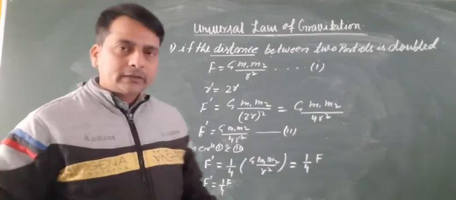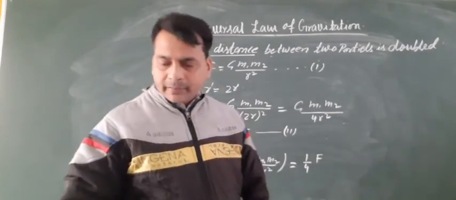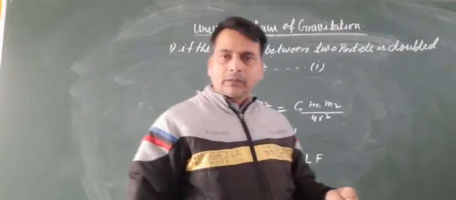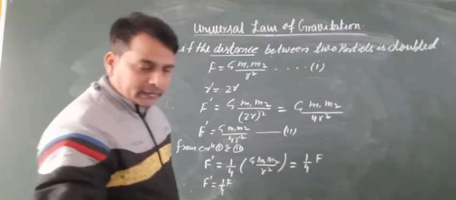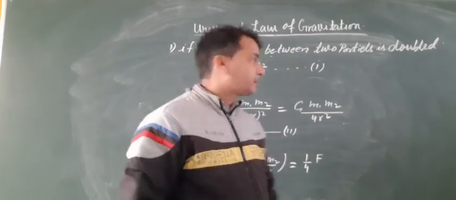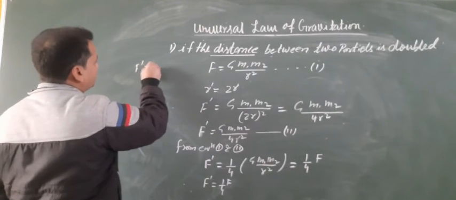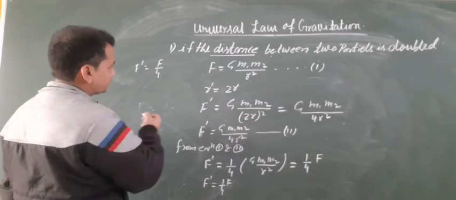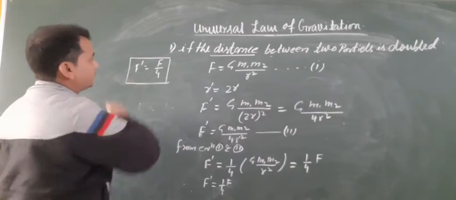It is clear that the new gravitational force will become 1/4 of the gravitational force. Then F dash equal to F by 4.